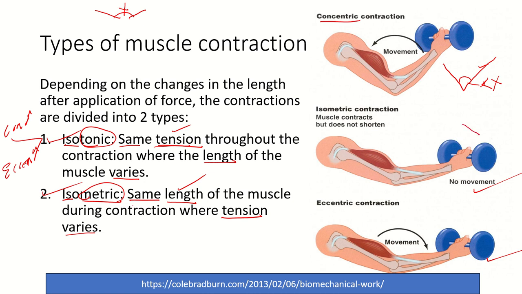When the angle becomes equivalent to X, that means it is isometric. When the angle becomes greater than X, it means eccentric. So concentric and eccentric are two different types of isotonic, and isometric is when there is no change in the length, that is, the angle stays equivalent to X.